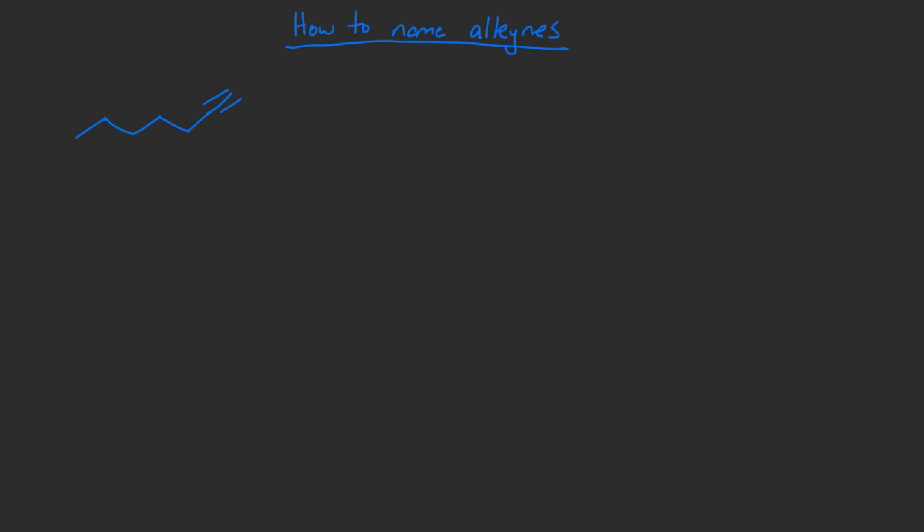When numbering the carbon chain with an alkyne, similarly to that of the alkene, you want to give the triple bond the priority. So for numbering this compound, we're going to start with number 1 at the terminal alkyne and number through the chain.